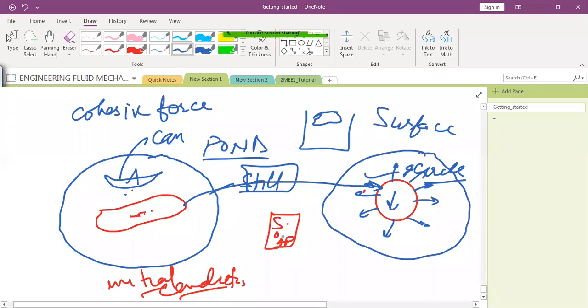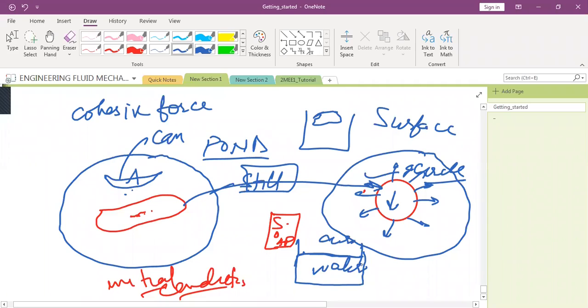Whenever there is a free surface, do you understand? Yes, sir. Whenever you have a glass of water, there is a surface that separates air from water. All of you must have seen that. That surface is called the free surface.